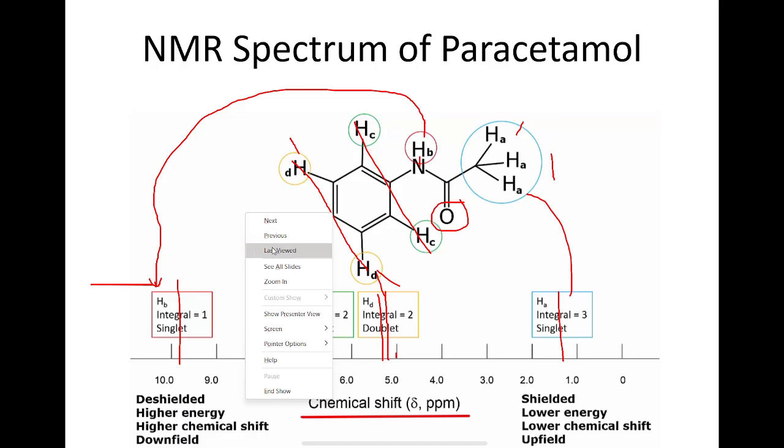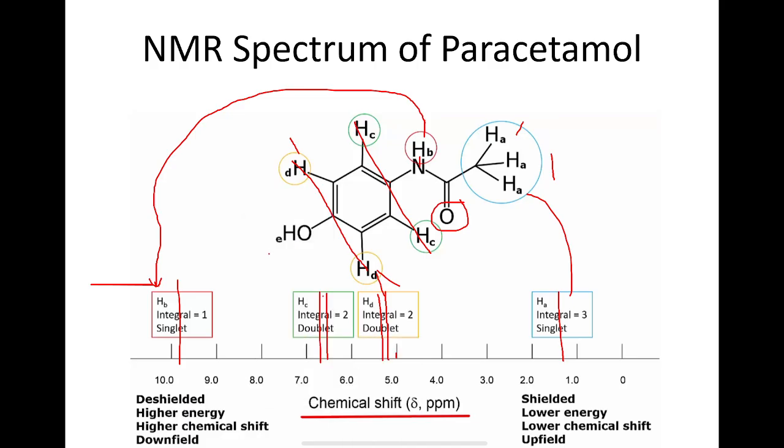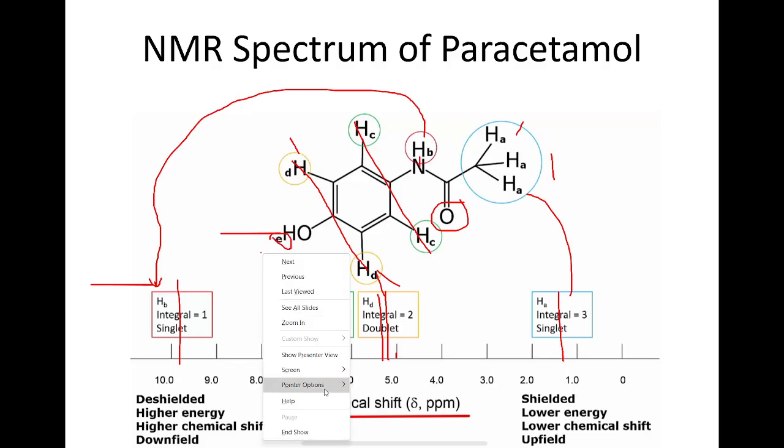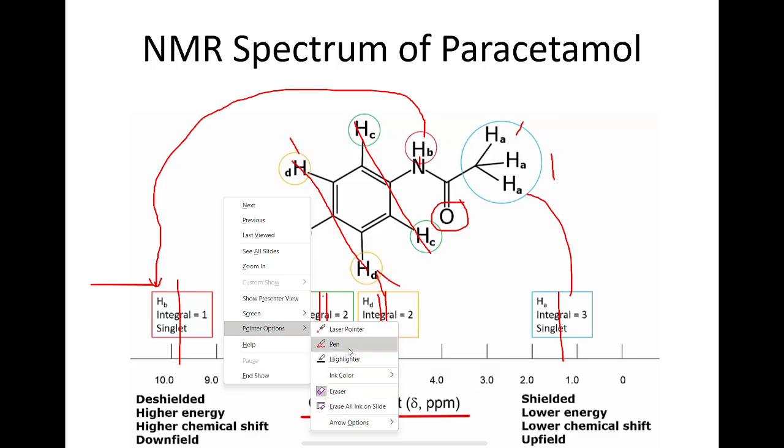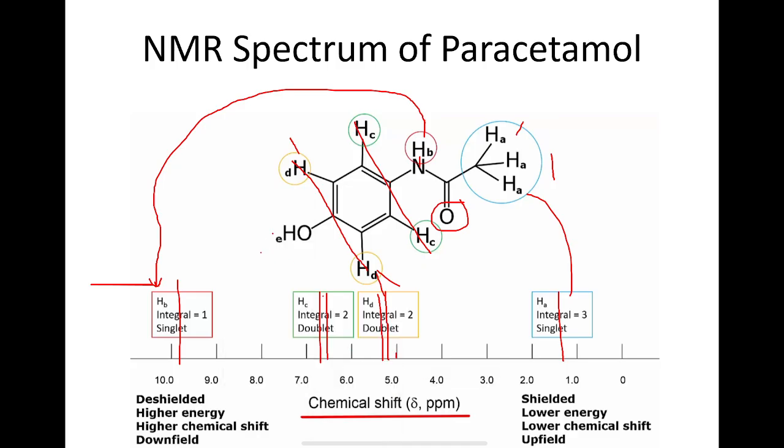What about E? Right, E is nowhere to be seen. Why? Because we just didn't put it there. But let me draw it. So E, this is a hydrogen, right? And this hydrogen is next to oxygen. Yes, it's far away from the benzene ring.